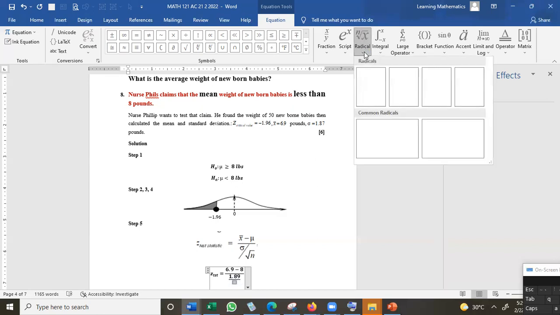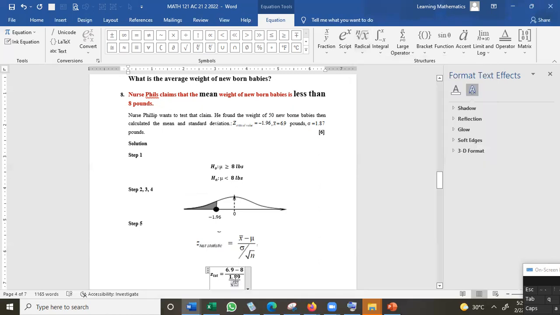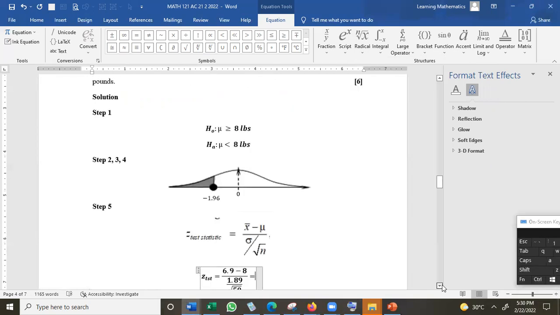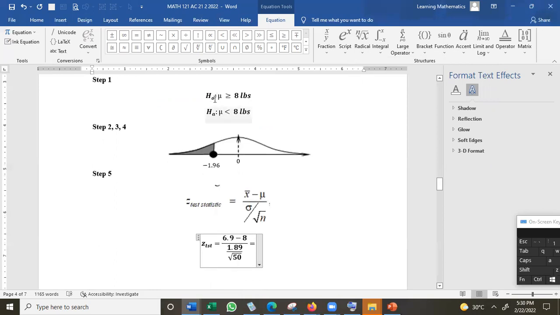Square root of 50. A sample of 50 was taken to test that hypothesis in that example. And this will give us a test statistic. So we can use that test statistic and go back to the curve in order for us to make a decision whether to reject or not to reject the null.